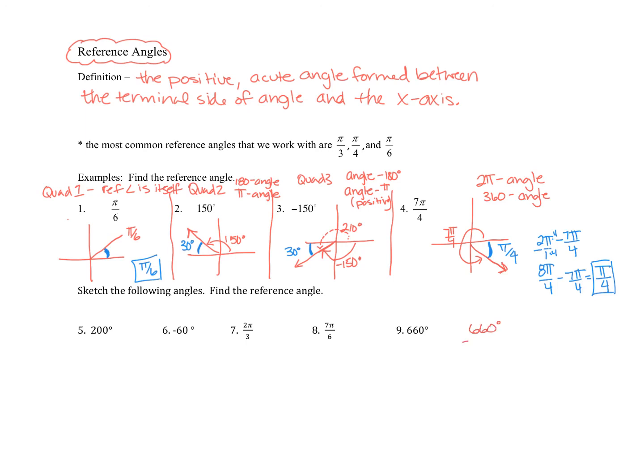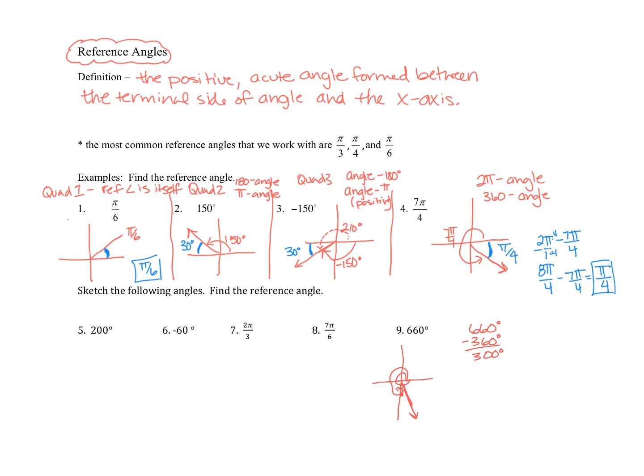So 660 degrees minus 1 rotation, 360 degrees, leaves me with 300 degrees. So this graph would go all the way around once, and then I need to go all the way around to 300 degrees, which is about right here in my fourth quadrant. So I'm going to go all the way around to where 300 degrees would be.